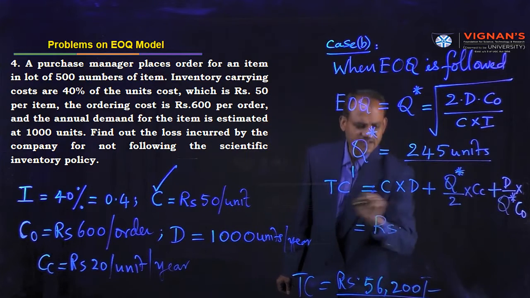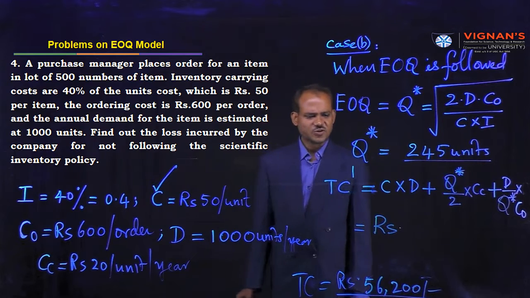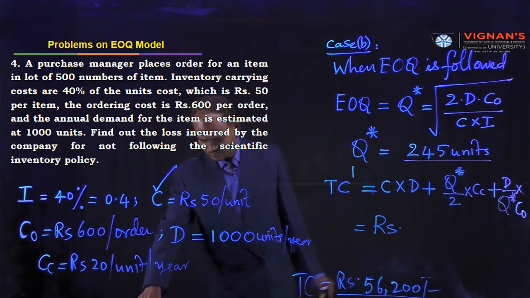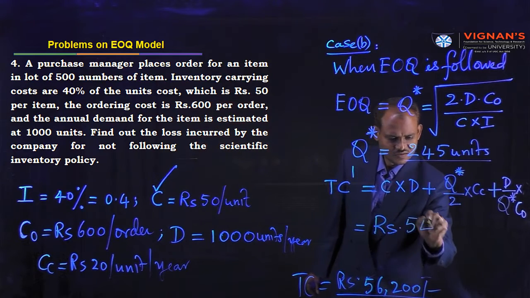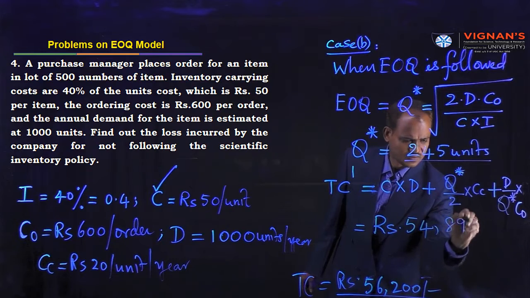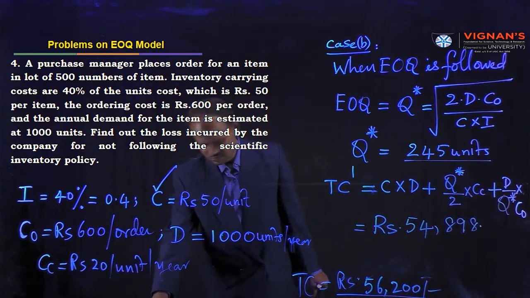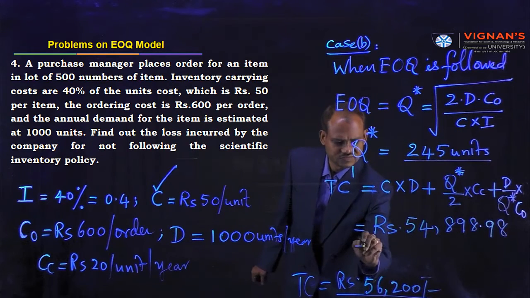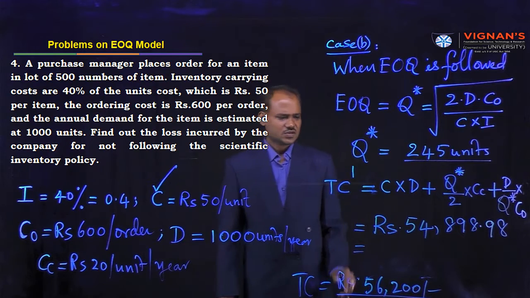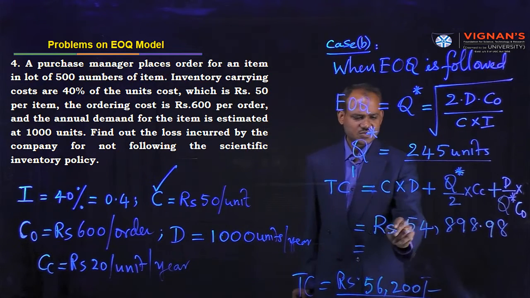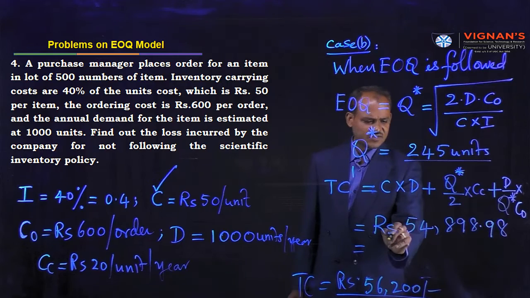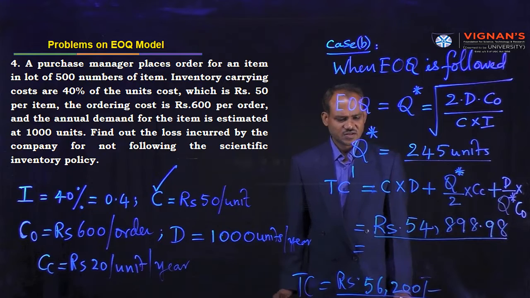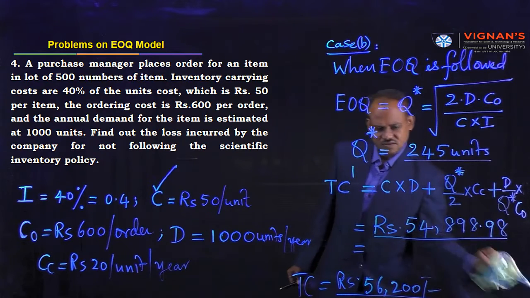So finally, this total cost under EOQ is 54,898.98.